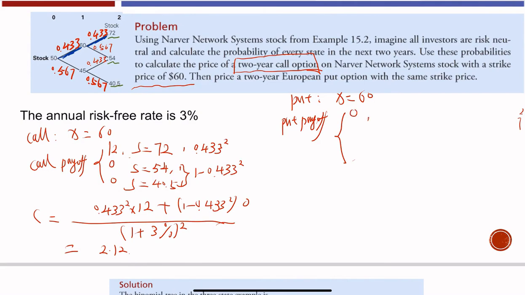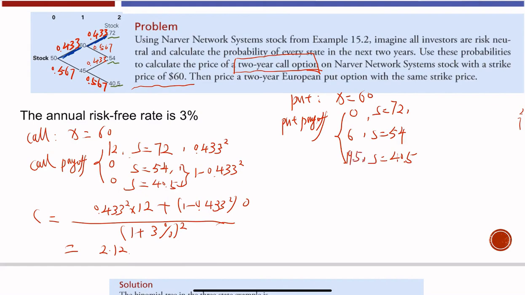So it will expire out of the money. And if the stock price is 54, the payoff would be 6. If it's 40.5, the payoff would be 19.5.